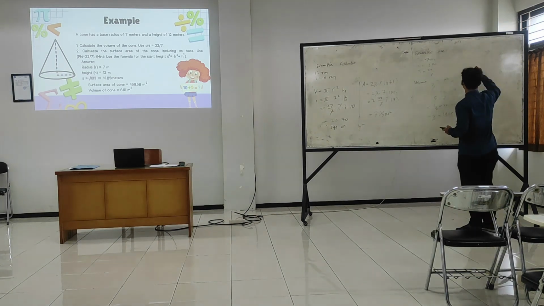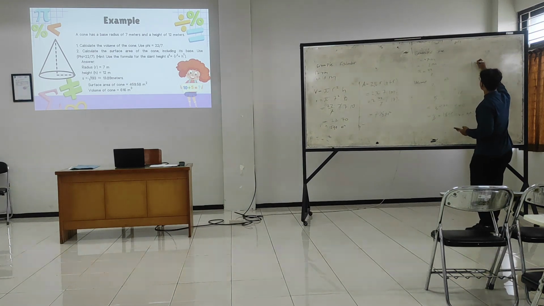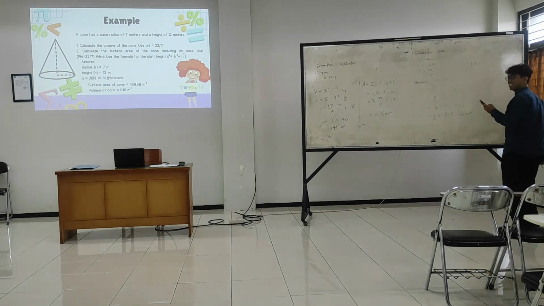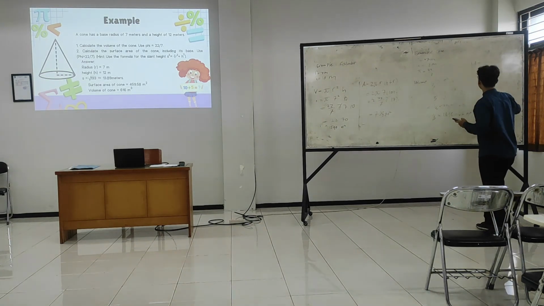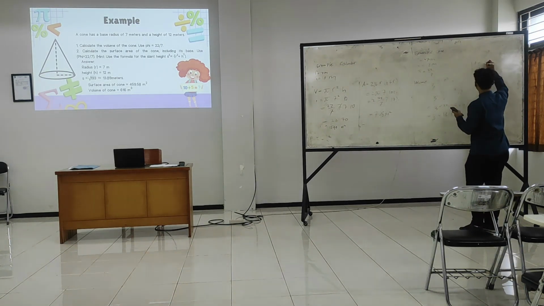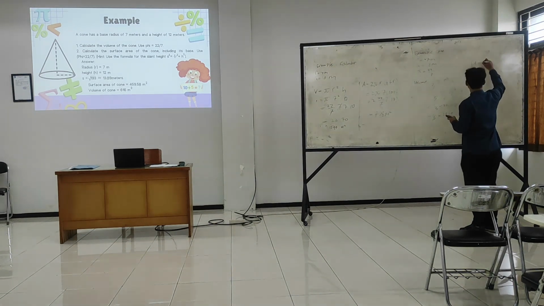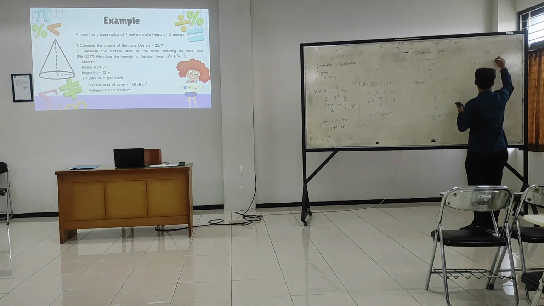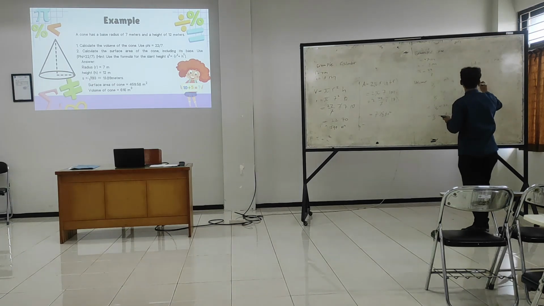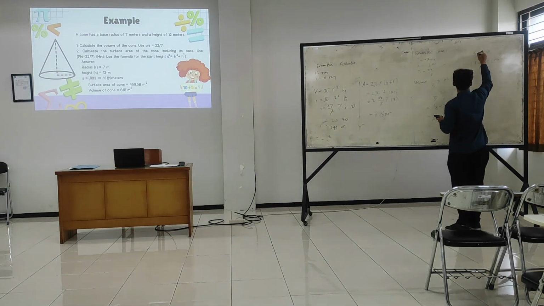So the surface area. Can you help me to find the area? So the formula for the area is pi r squared plus pi r S. The S is the slant height, from the Pythagorean theorem.